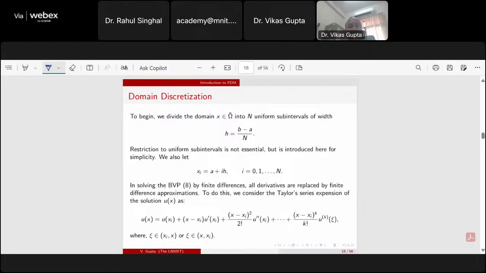Now, to develop a finite difference scheme for the given problem, first we discretize the domain omega bar into uniform subintervals with uniform mesh width, which is defined by h equal to (b minus a) upon n. Note that it is not essential to take uniform subintervals.